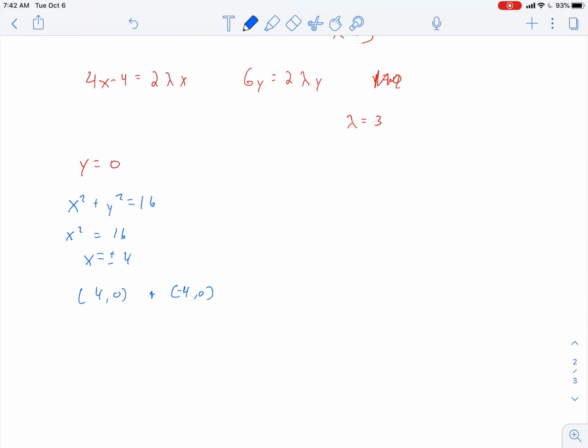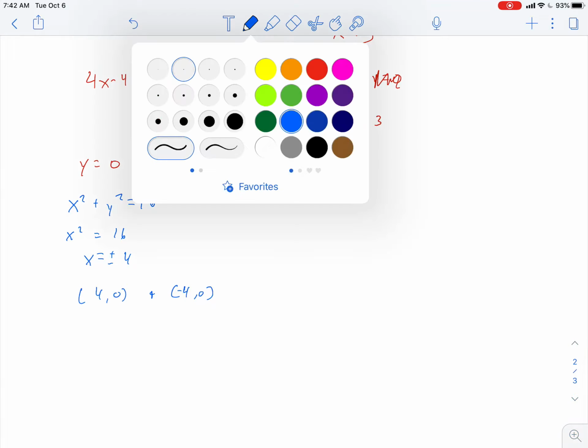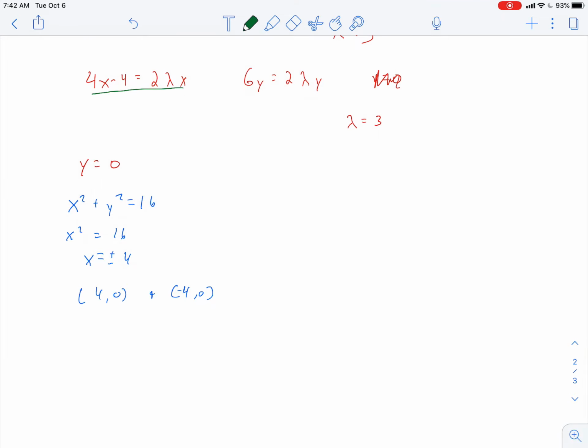We can now also find our x using lambda. So if lambda equals 3, then I can go over here to find what the x value would be, and that would help me determine my y value. So if lambda equaled 3, then I have 4x minus 4 is equal to 2 times 3x, or 6x.